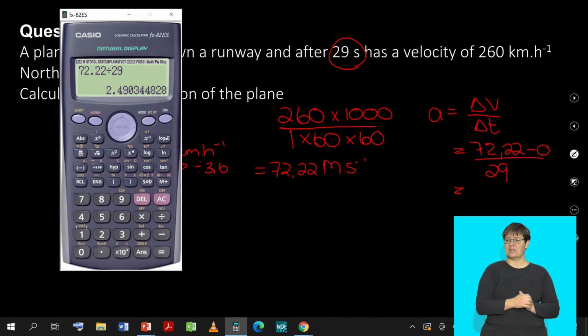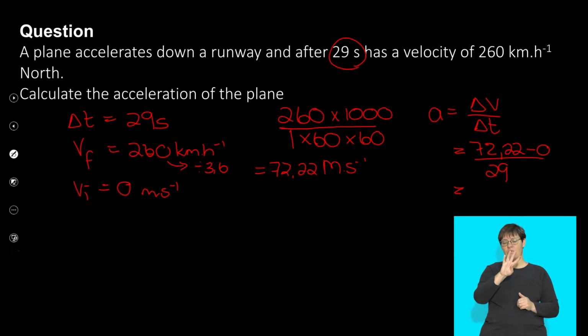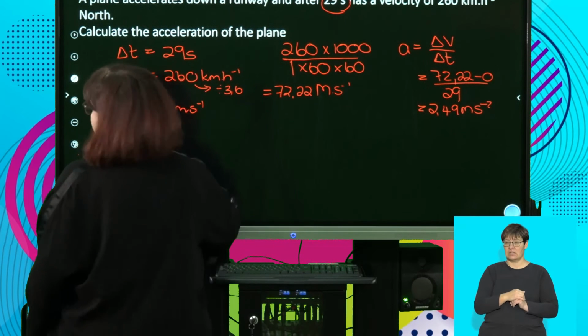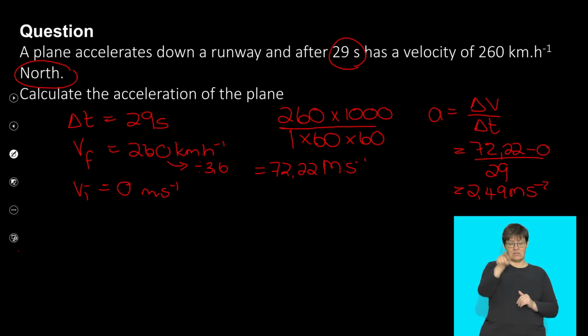So now we get 2.49 meters per second squared, but acceleration is a vector. Vector means that I need direction, and they were very nice because we know that it's going north.